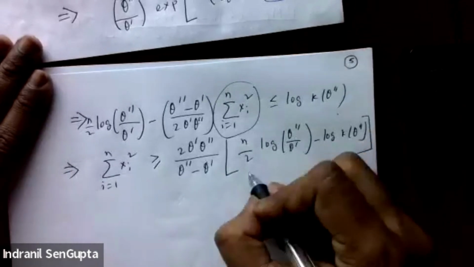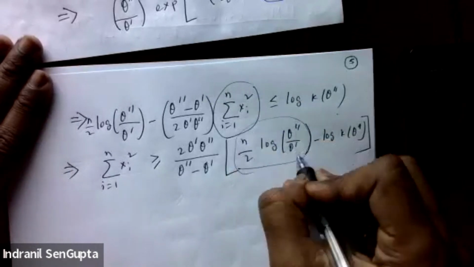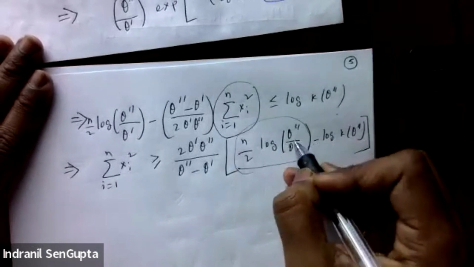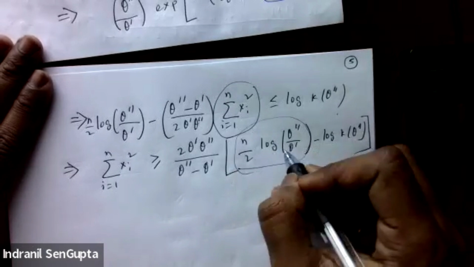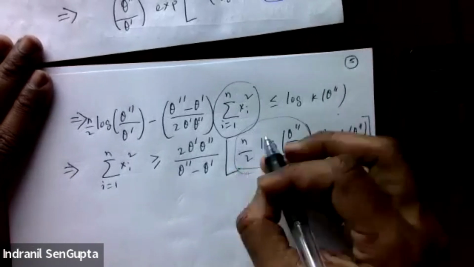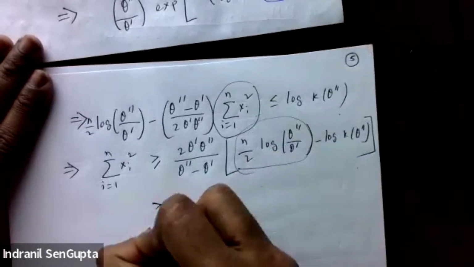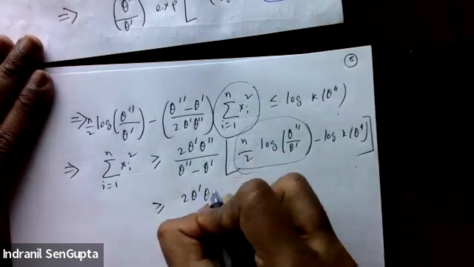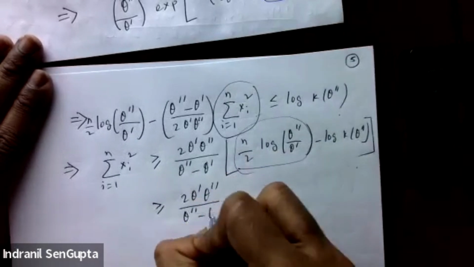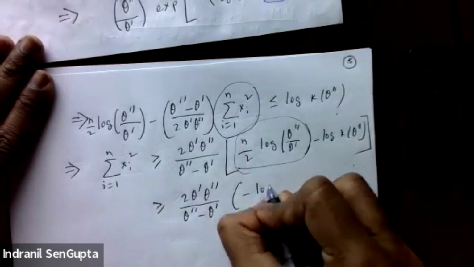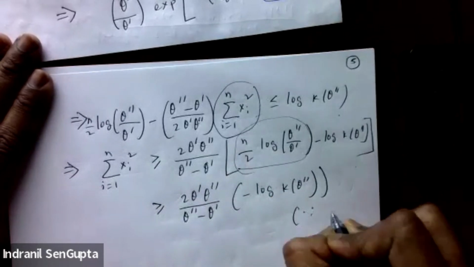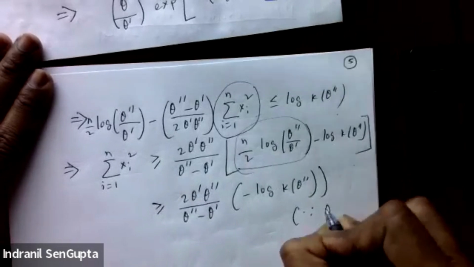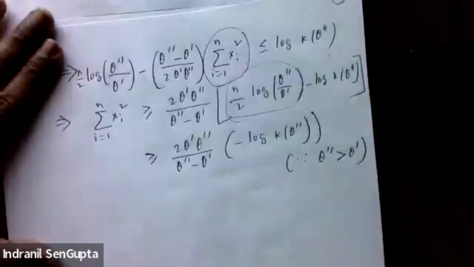Now look at this quantity. Since theta double prime is bigger than theta prime, this is bigger than 0, right? So therefore, this quantity is positive. So I can write this is bigger than or equal to the next one, log k theta double prime, as I already know that this quantity is bigger than that.